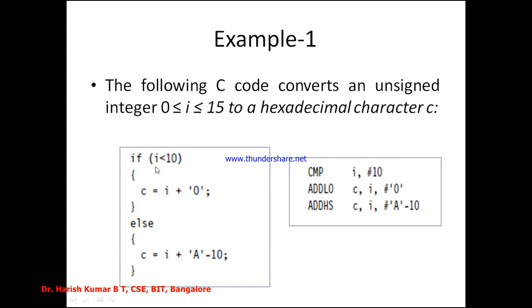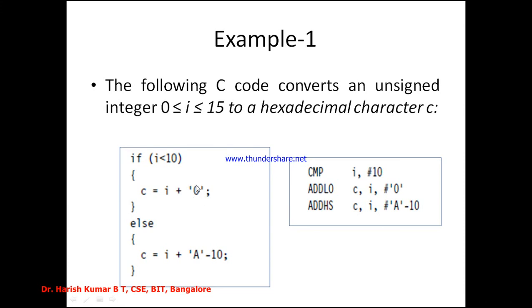This is a simple if else high level statement, and I can show you the equivalent C code with the conditions embedded. If i is less than 10, this is what I'm doing. Say for example, i value is 0. 0 is less than 10, true. So c is 0 plus the character '0' written in single quotes. When you write something inside single quotes, it takes the ASCII value.